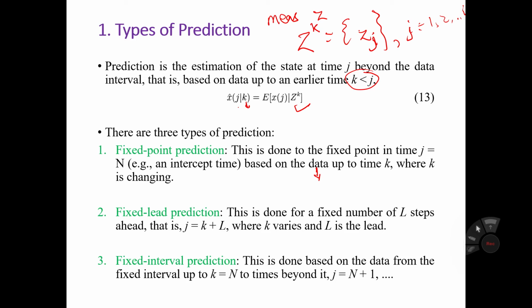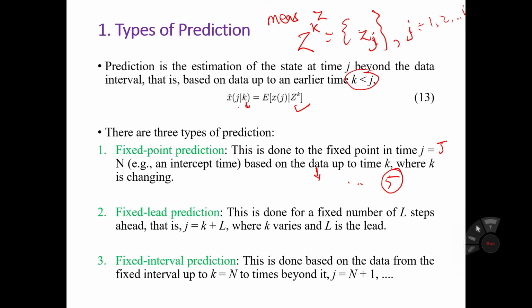To find the prediction at any fixed point, like j equals 5, your data must be available up to the 5. Your data must be available up to the 5 to find the prediction at the 5.